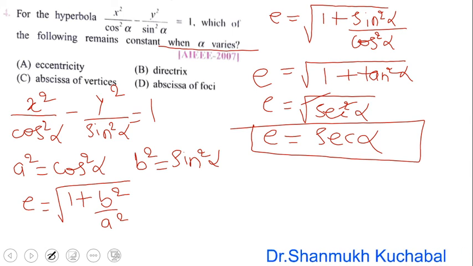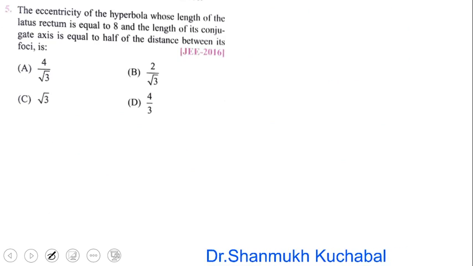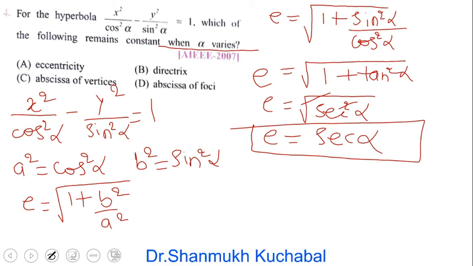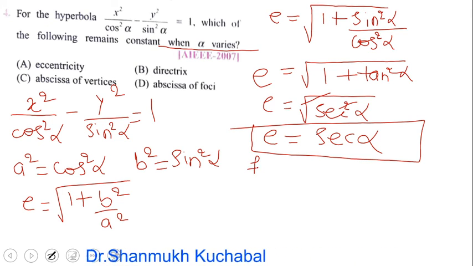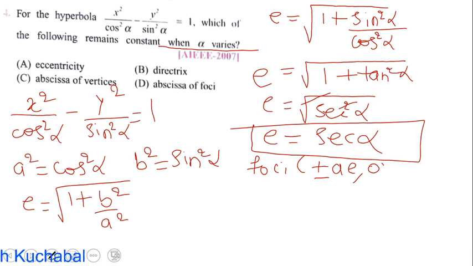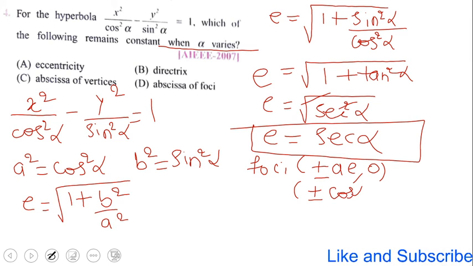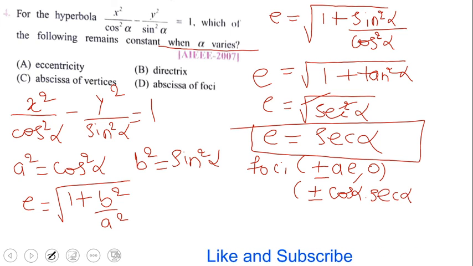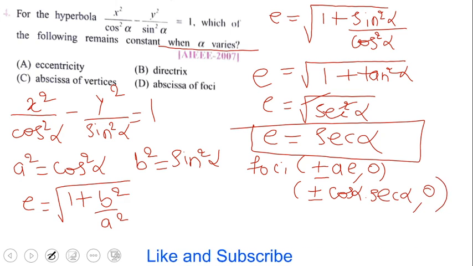The foci are given by the formula plus or minus ae comma 0. It is plus or minus a, where a square is cos square so a is cos alpha, and e we have calculated as sec alpha, comma 0.